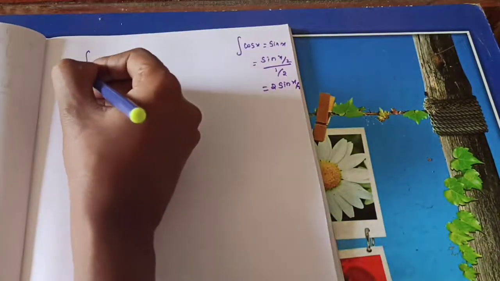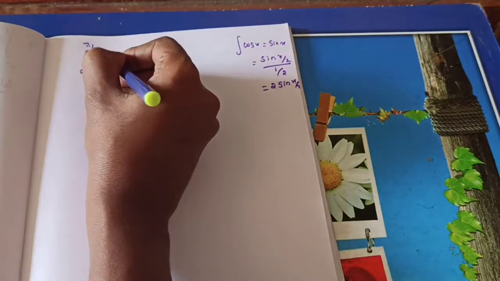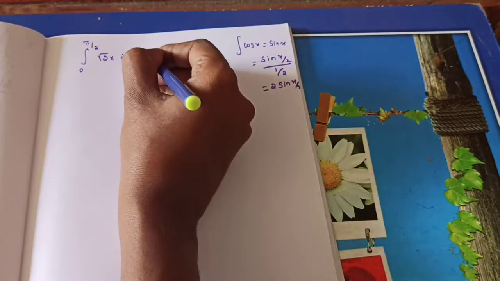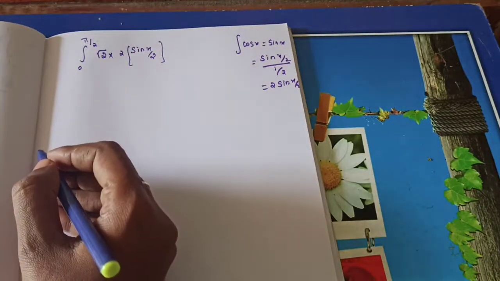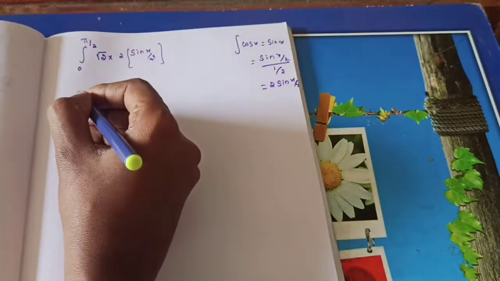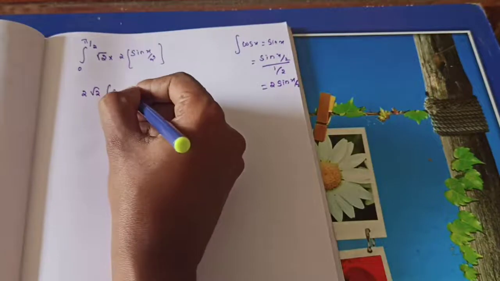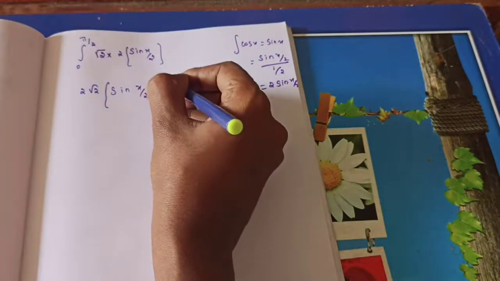So integral of 0 to pi by 2. Square root of 2 is there already. So 2 sin x by 2. Okay. So now you can take 2 root 2 outside, then apply the limit. Sin x by 2. What's the limit? 0 to pi by 2.